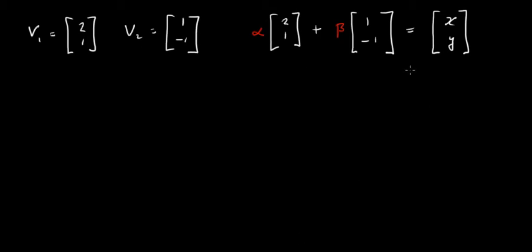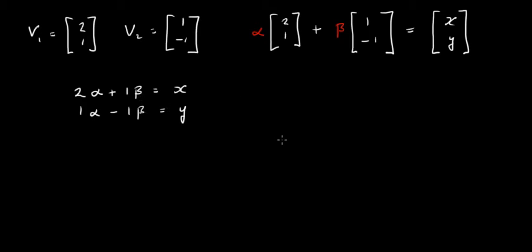So if we multiply this out, we're going to get twice alpha plus 1 times beta, which should give me my x, and then 1 times alpha minus 1 times beta should give me y.